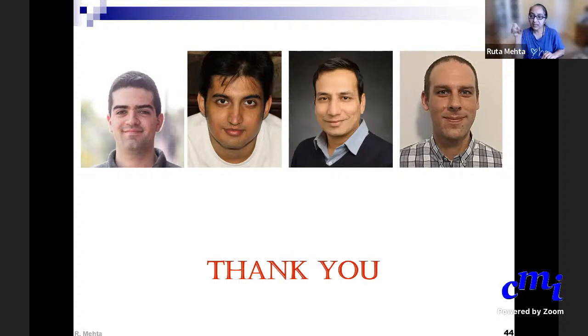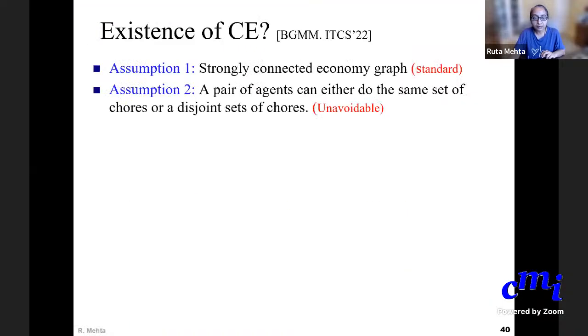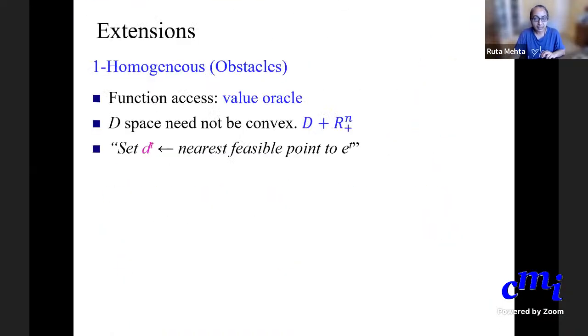The BMSY characterization holds only for one homogeneous functions. If you go beyond one homogeneous functions, that characterization, minimizing the product subject to the constraints, doesn't hold anymore. And also this Eisenberg-Gale convex program is applicable only to homogeneous.